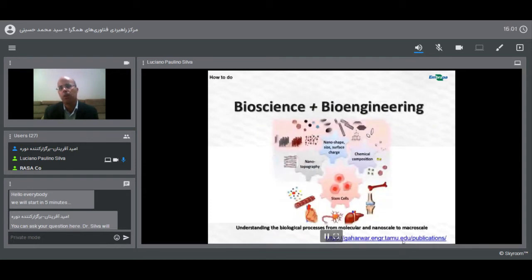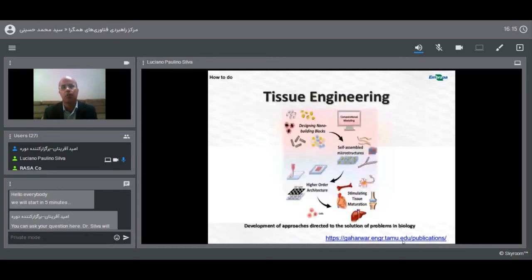And we are also talking about biosciences plus a bioengineering approach to understand the biological process from molecular to macro scale. We are also talking about tissue engineering strategies to develop a new approach directly to the solution of problems common in biology.